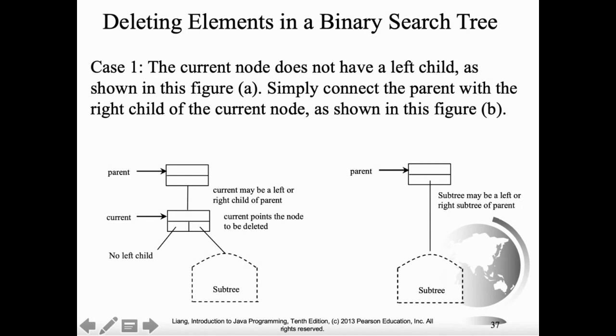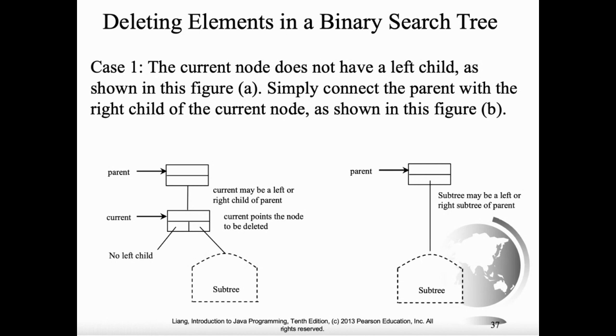So again, you need two runners when you need to remove a particular key or element from your tree. You're searching for it, and when you find it, you need to know who the father of it is, and also whether it's on the left side of its father or the right side. Then you check if it has any left children or not.